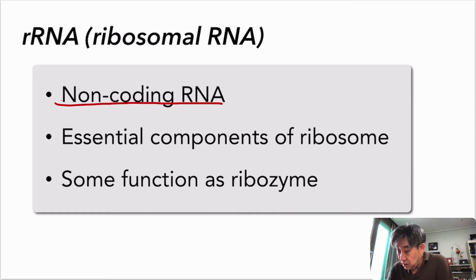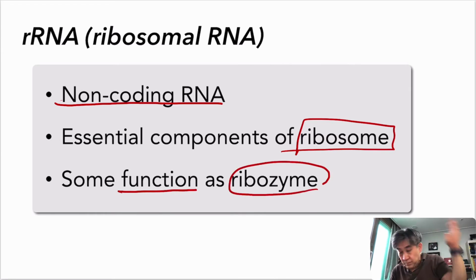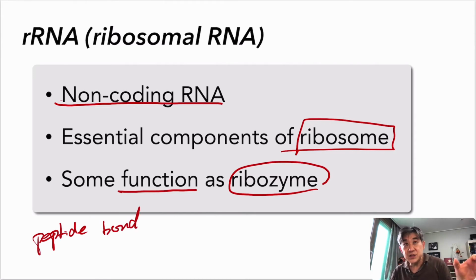But without it, you cannot assemble the ribosome, and without the ribosome you cannot get protein synthesis going. Also, equally important, some ribosomal RNA is the one making the peptide bond, which is responsible for connecting each amino acid in protein synthesis, and some other ribosomal RNA can also act as other types of ribozyme too.